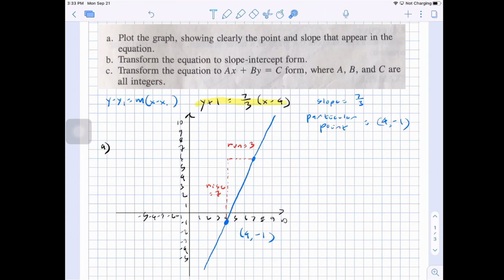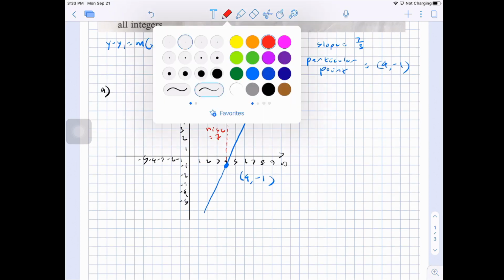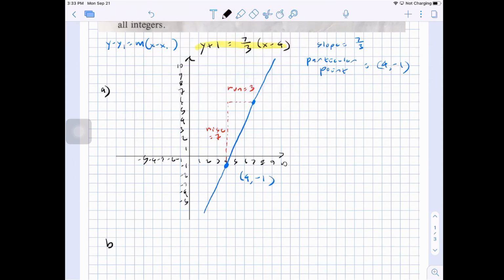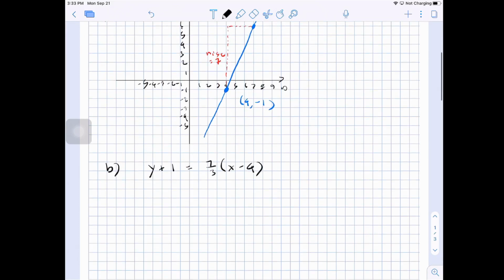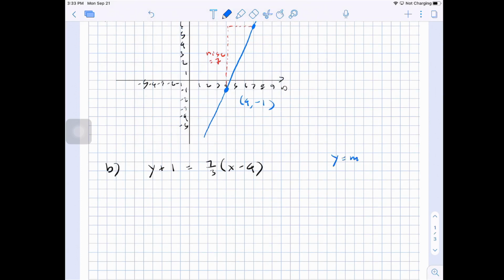Okay, next part. Transform the equation to slope intercept form. Okay, we're going to need more room. So let me go down here. We're going to transform to slope intercept form. y plus 1 equals 7/3 times x minus 4. Okay, so we're going to go to slope intercept form, which is y equals mx plus b.